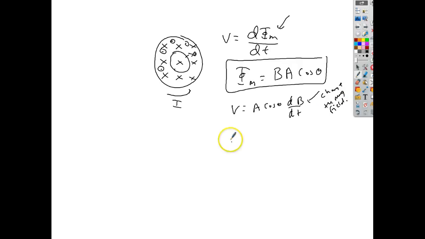You can have B cosine theta dA/dt, change the area. Make the loop bigger or smaller.